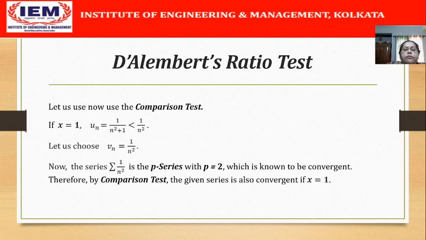And what is Vn? Vn is the P series with P equal to 2, isn't it? And this is known to be convergent. So therefore, by comparison test, if the bigger series is convergent, we can say that the smaller series is also convergent. That means our given series is convergent for x equal to 1.